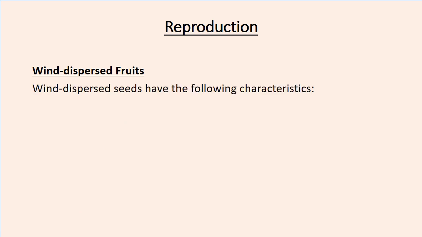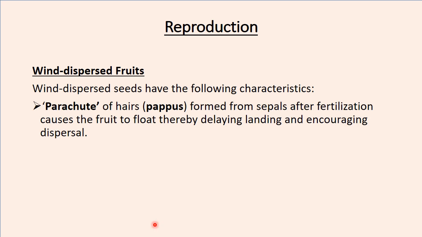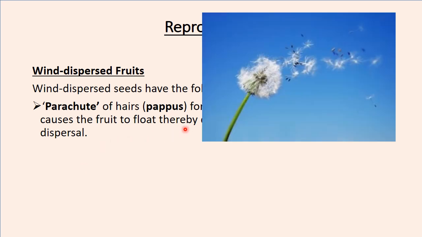Then we go to wind dispersed fruits. So wind dispersed seeds have the following characteristics. First, they have a parachute of hairs, which are formed from sepals after fertilization, which causes the fruit to float, thereby delaying landing and encouraging dispersal in the process. As you can see, when wind blows, the seeds have parachutes, which are going to take them very far from the parent plant.